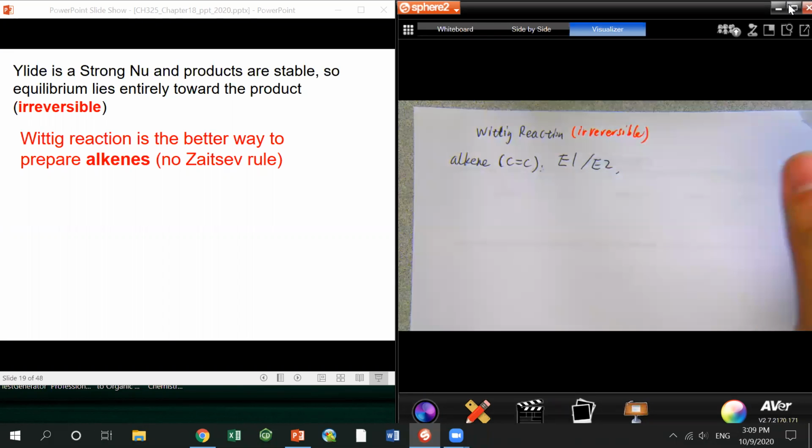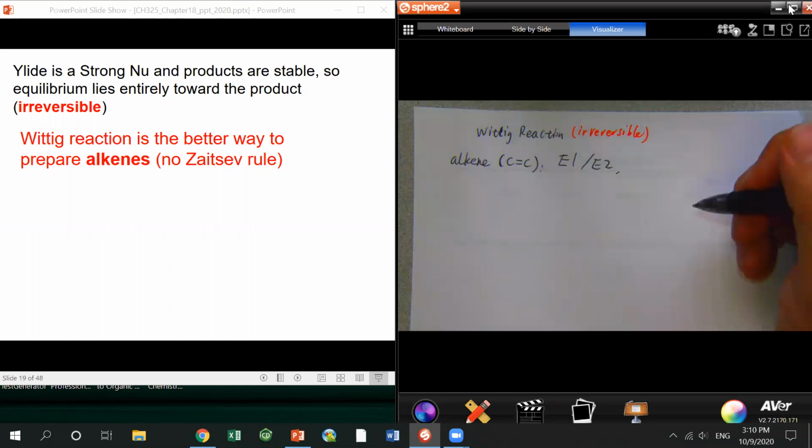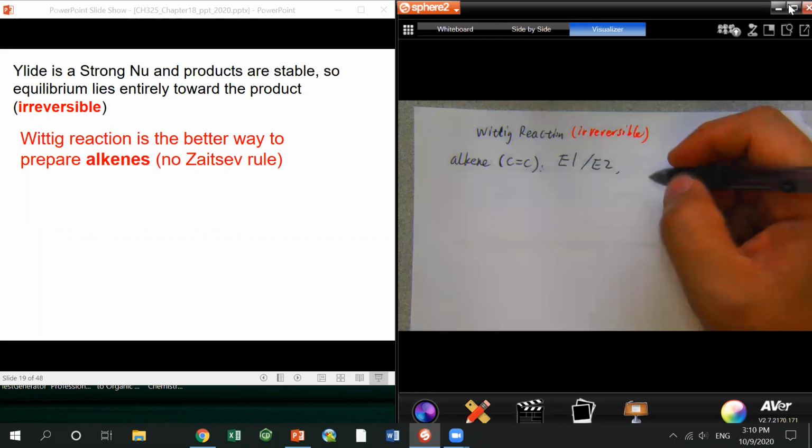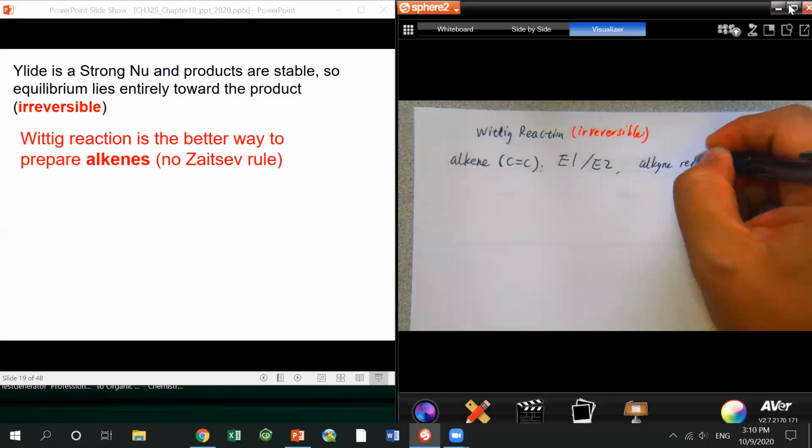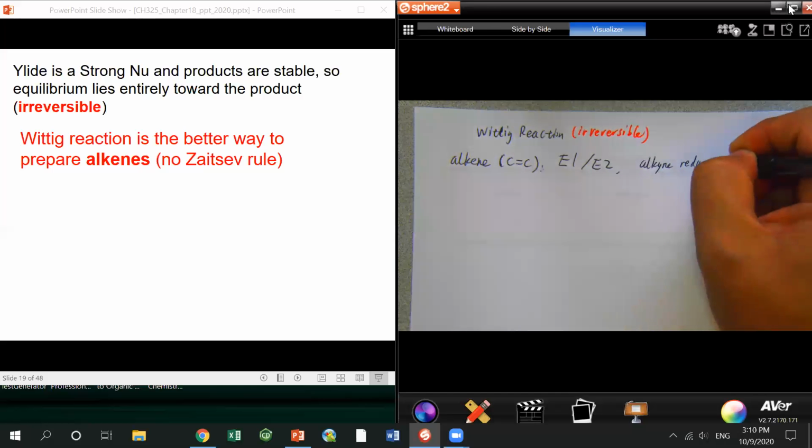And we learned one more in chapter 11. That's right, addition to alkyne. Actually, it should be called a reduction of alkyne.